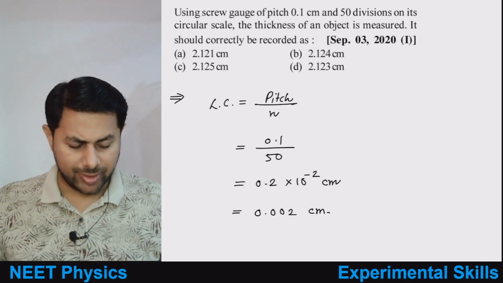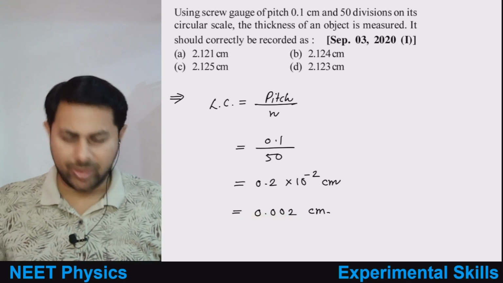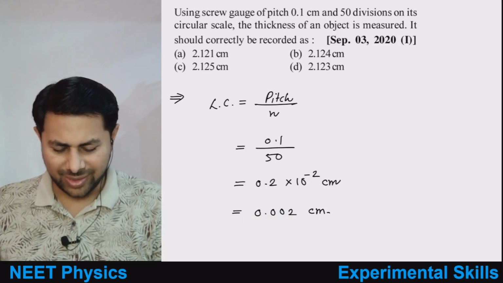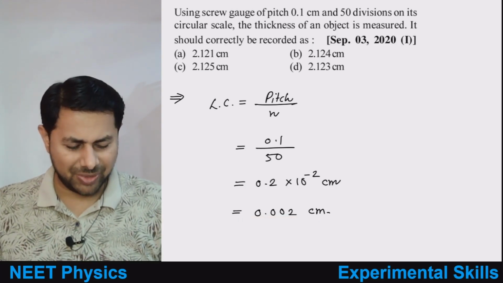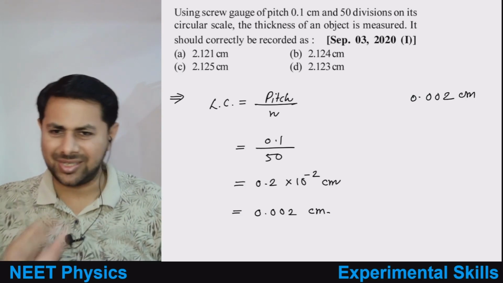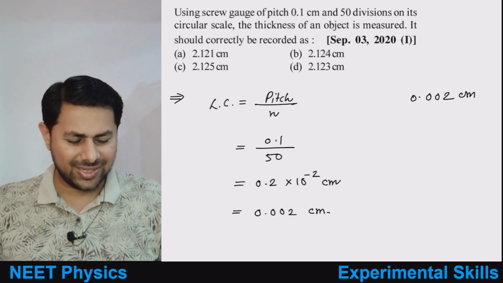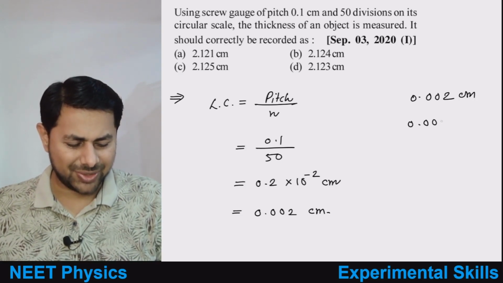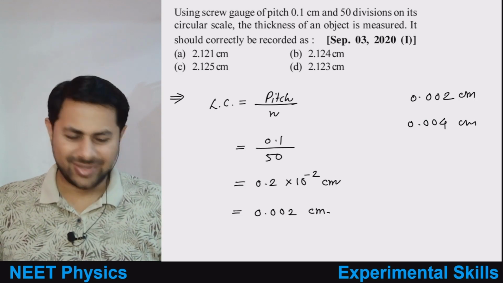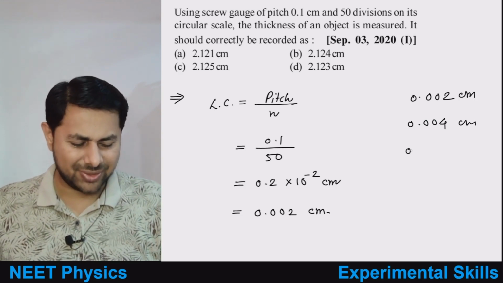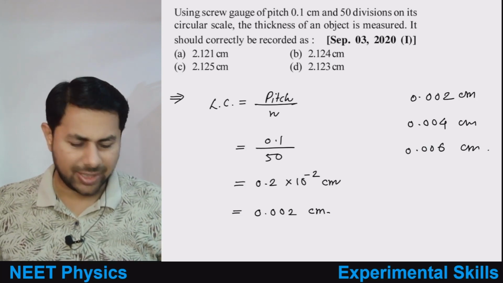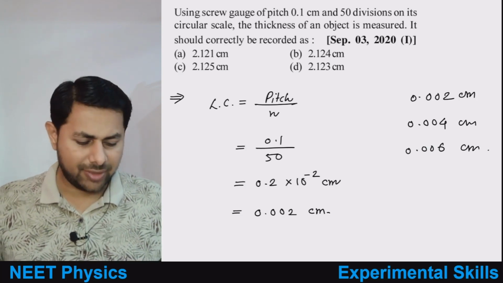right? Because see, the minimum reading that you can take is 0.002, okay, then next reading that you can take would be equal to what? So first one is 0.002 centimeters. This is the least that you can measure. Next reading that you can take is 0.004 centimeters, okay, twice of this, right? Next is thrice of this, so that would be 0.006 centimeters, right? Next can be anything, let's say 31 times of this.